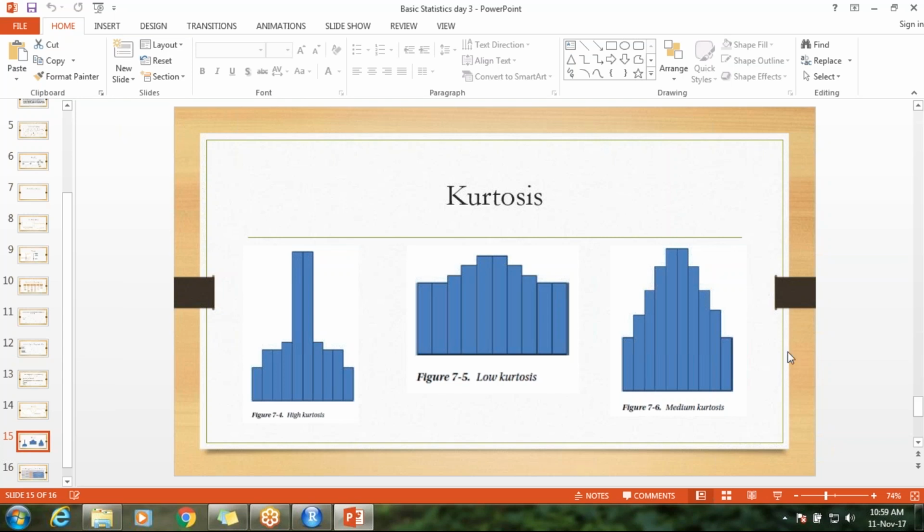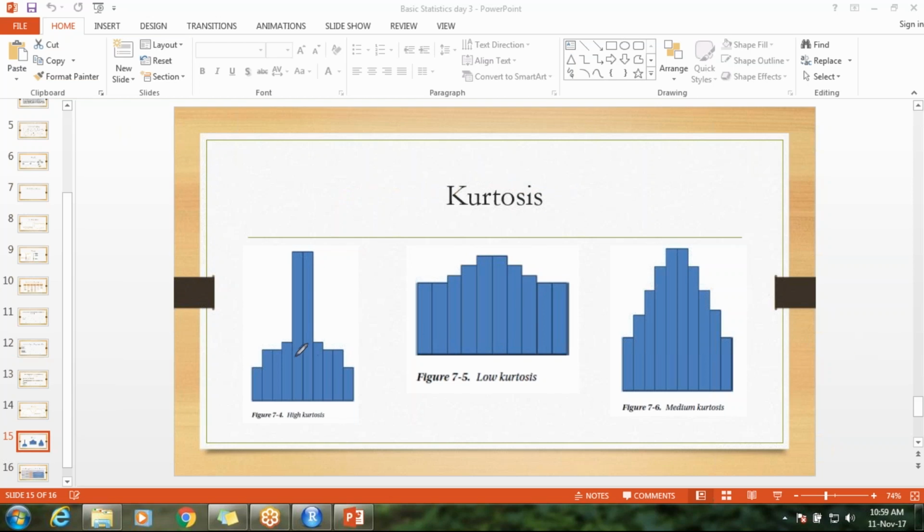Okay, so if you see medium, this is what we normally expect from a data set to be: a Gaussian distribution or a complete normal distribution. This is how we expect it. Now if most of my distribution is flat and there is a bulge somewhere and it goes on, it will be something like low kurtosis, where I don't see much variation.